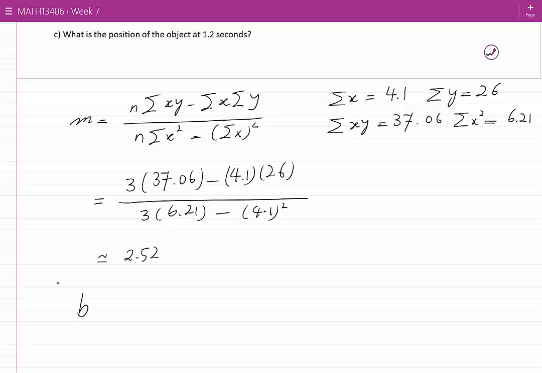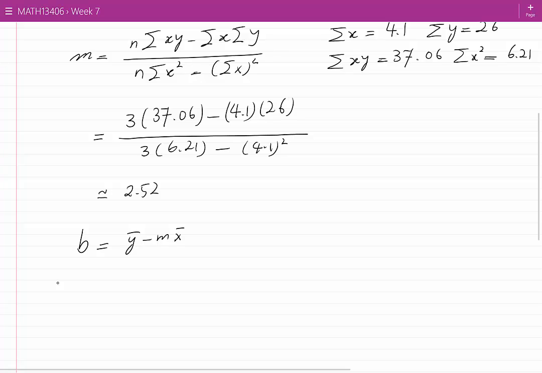To find the y-intercept of the line of best fit, we use the equation b is equal to y bar minus m x bar, where y bar is the average of the y values, sum of the y values divided by the number of data points, minus m, sum of the x values divided by the number of data points.